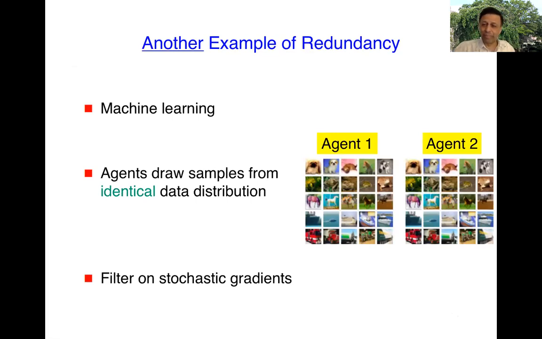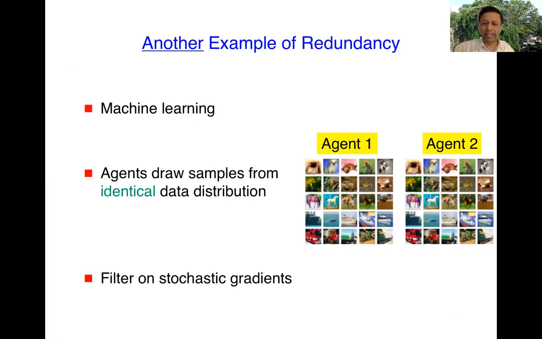In the case of machine learning, the data is often correlated. It's almost never the case that the data at agent number 1 is completely independent of agent number 2. Given that dependence across data available to different agents, it seems reasonable that we don't need data from everybody to train a good neural network.